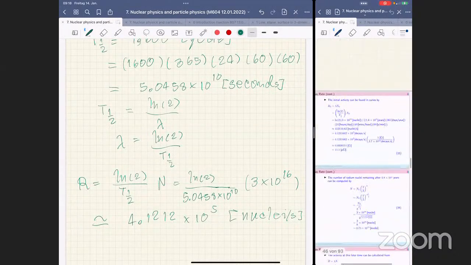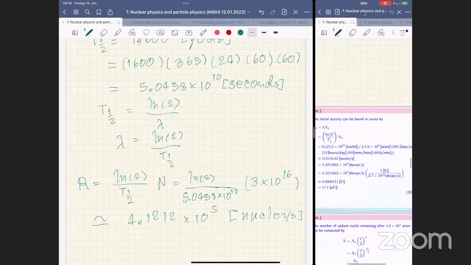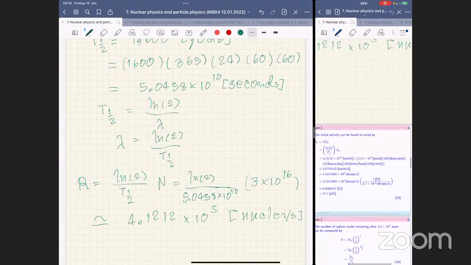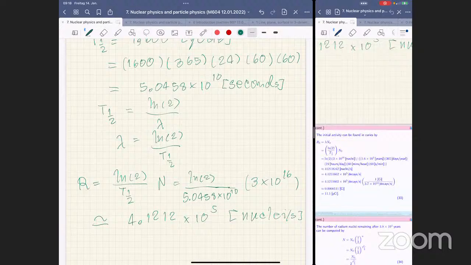I don't understand why, yeah, it's already correct. You have to multiply by log 2 and 3 times 10 to the 16, and the half-life is something like that. Yeah, it's already correct.